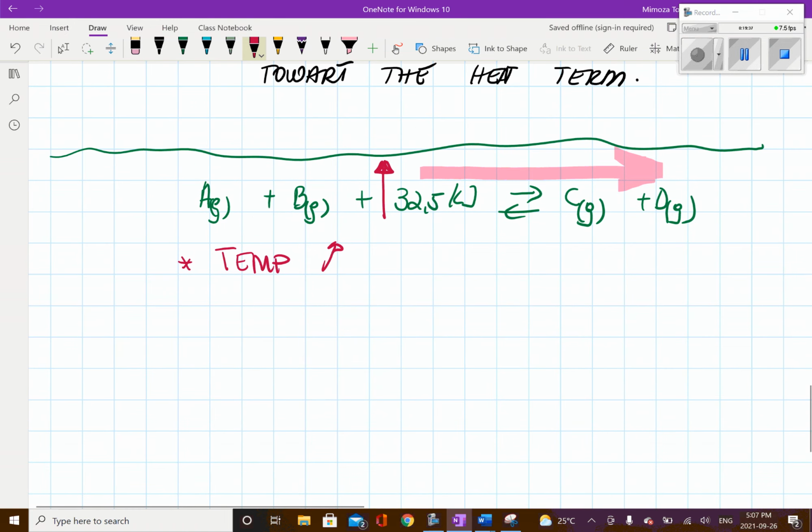The equilibrium will shift to the right.